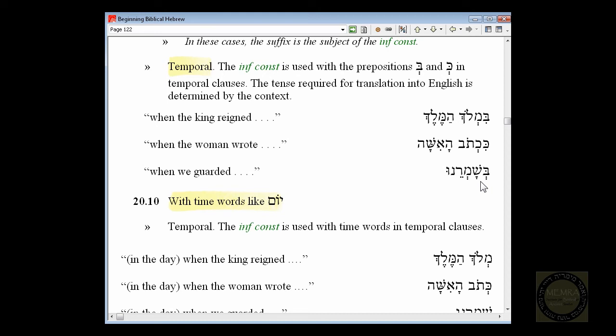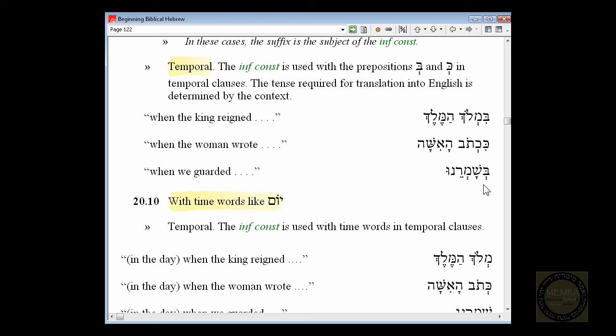You're typically going to be able to tell by context and by sense as well. But typically, if you have a lamed prefixed, it's going to be to, then the action of the verb, and then the suffix will be the object. But when you have bet and kaf, in most cases, in fact, you're going to have the suffix function as the subject of that infinitive construct.